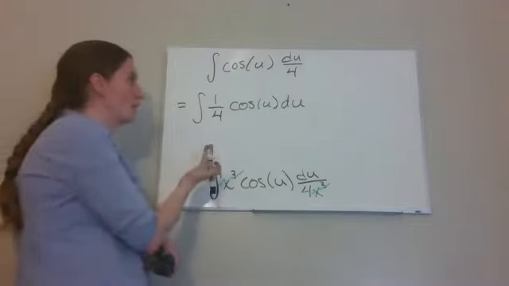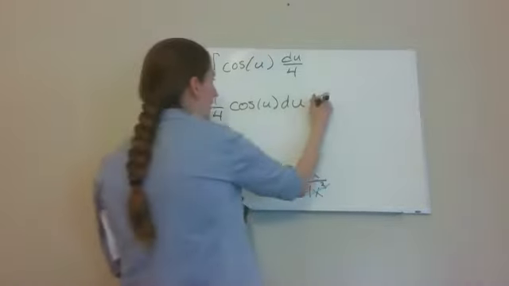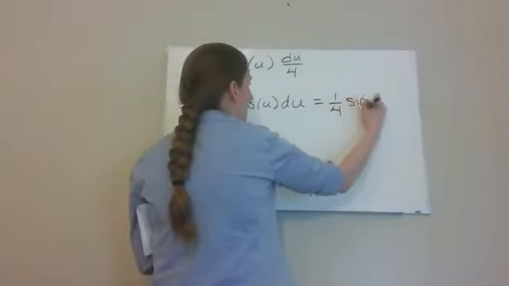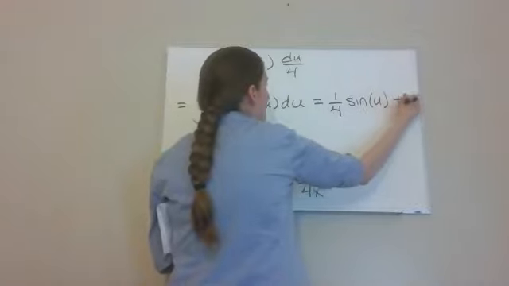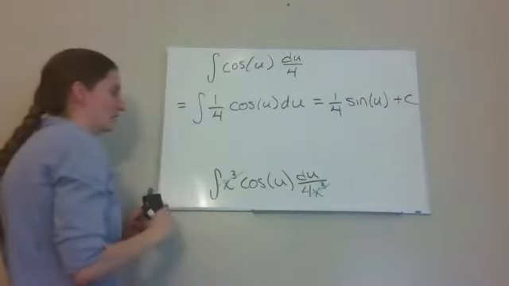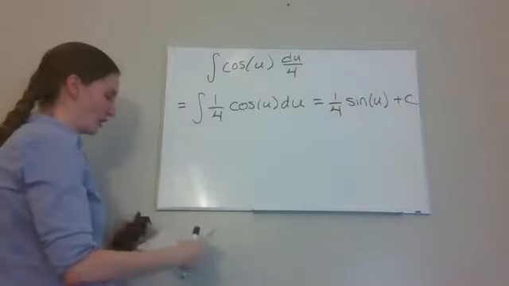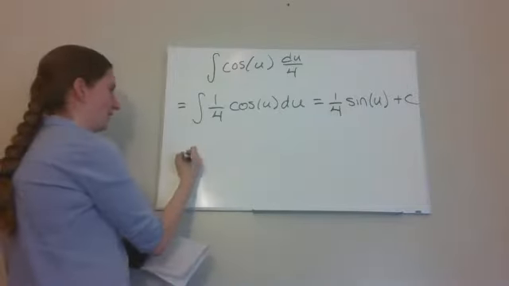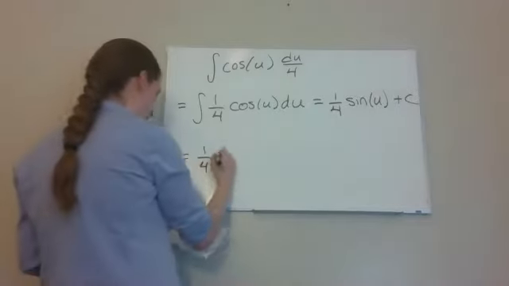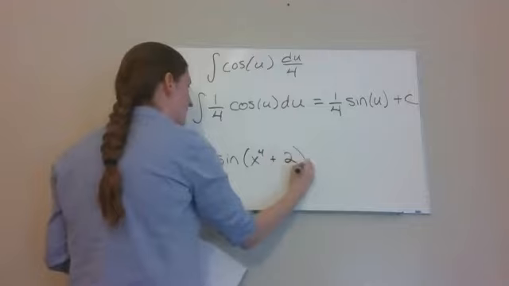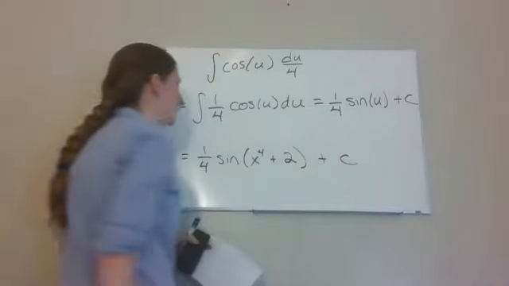Sine. So I know that my antiderivative of this guy, I'm still going to have 1/4. Antiderivative of cosine is sine. Add your constant. And then all we have to do to finish the problem up is plug our u back in. And so we get 1/4 sine of (x to the 4th plus 2) plus c.